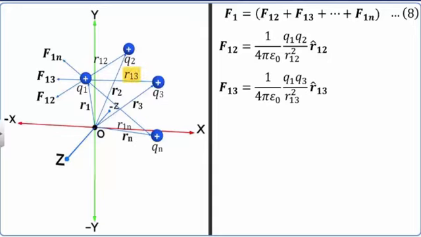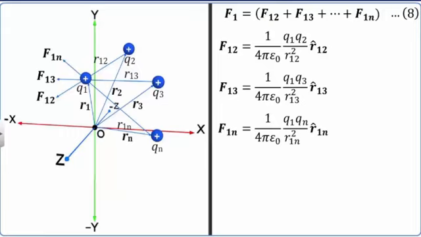R13 is the distance between Q1 and Q3 and R13 cap is the unit vector in the direction of the force F13. Proceeding in this manner, we obtain F1n is the force on the charge Q1 due to Qn and is equal to 1 by 4 pi epsilon naught Q1 Qn by R1n square into R1n cap.